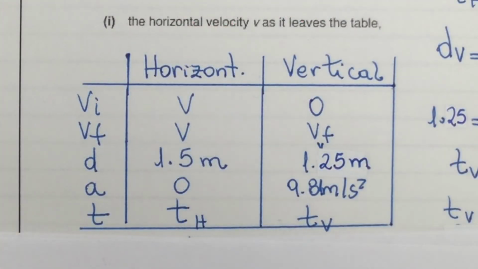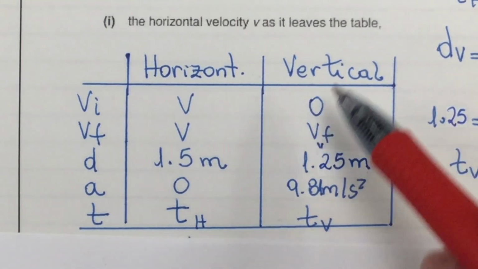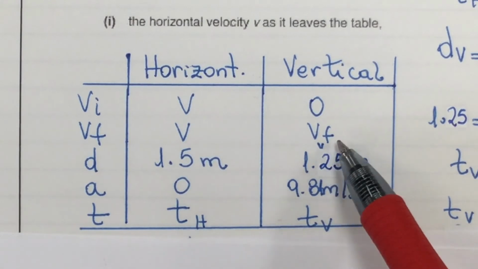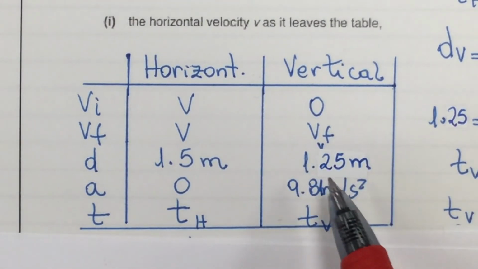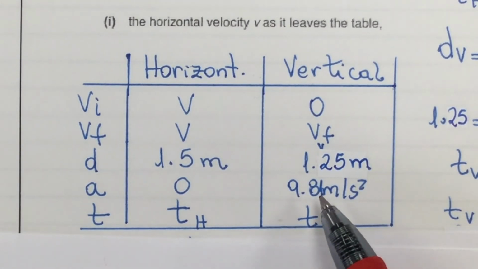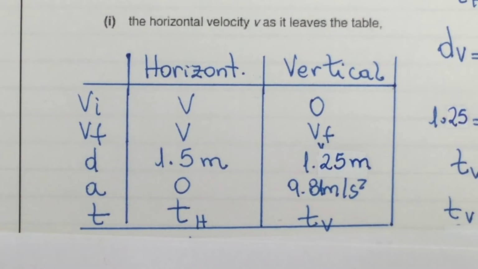Vertically, the initial velocity is 0 because vertically it is seen as a free fall. Final velocity, we don't know. The height of the table is 1.25. The acceleration is 9.81 meters per second squared because there is no air resistance, and the time is t_v.